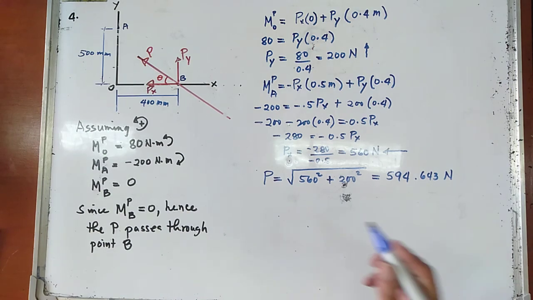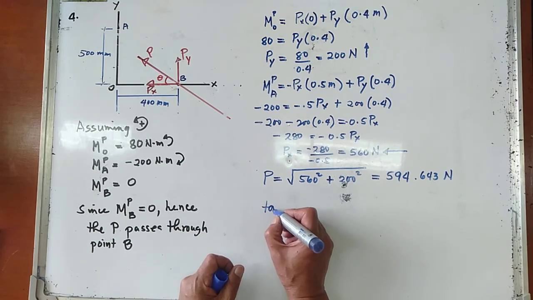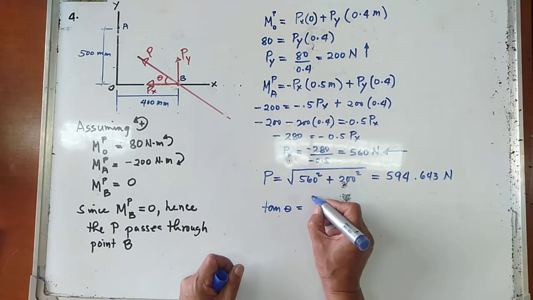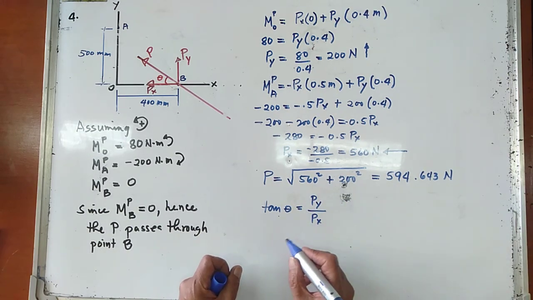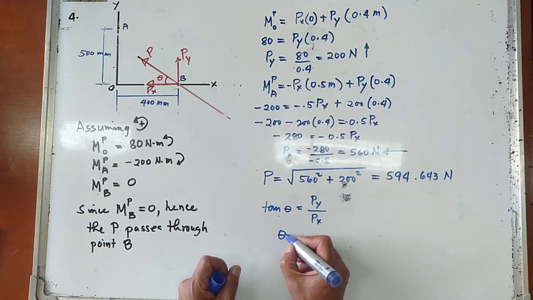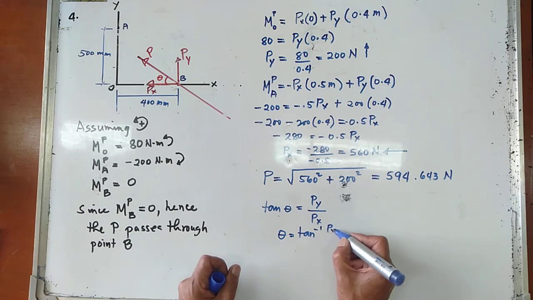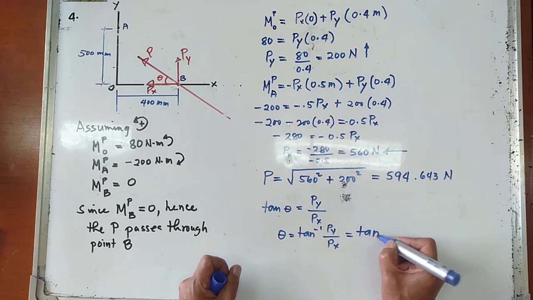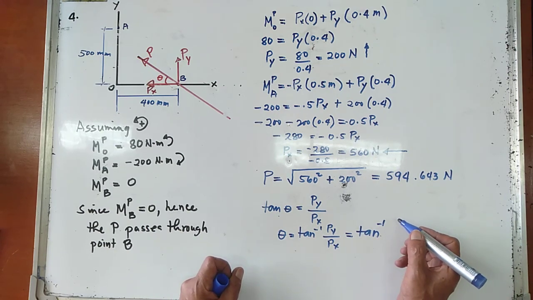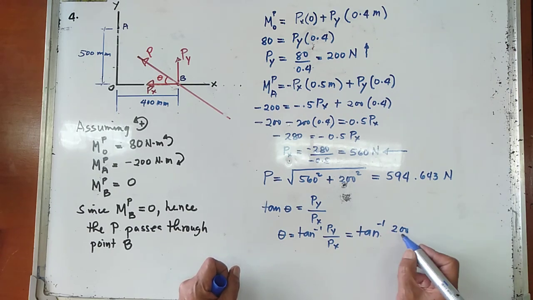So we again have tangent of theta equal to Py over Px. So theta is now equal to the arctangent of Py over Px, which is the arctangent of 200 over 560.